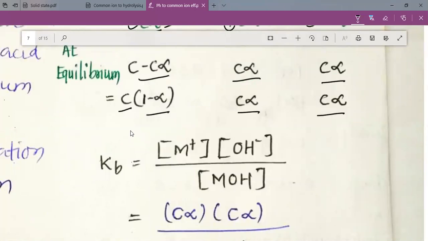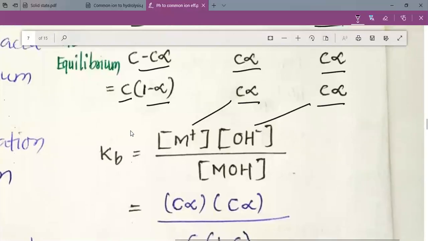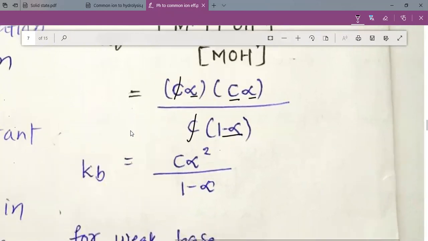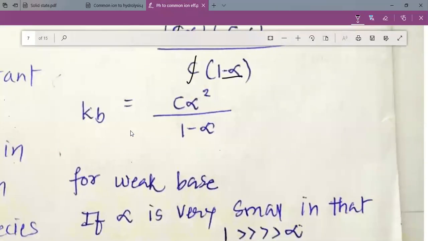So the concentration of MOH, the base, is C into 1 minus alpha, the concentration of M plus is C alpha, and the concentration of OH minus is C alpha. Putting these values, C alpha into C alpha divided by C into 1 minus alpha, C divided by C is 1, so we have C alpha square divided by 1 minus alpha. So Kb is equal to C alpha square divided by 1 minus alpha.